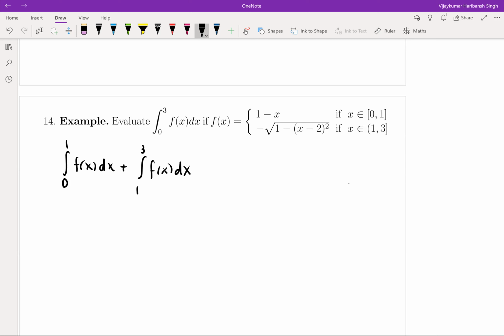Using the property of the integral, this is going to be the integral from 0 to 1 of 1 minus x dx, plus the integral from 1 to 3 of minus the square root of 1 minus (x minus 2) squared dx.